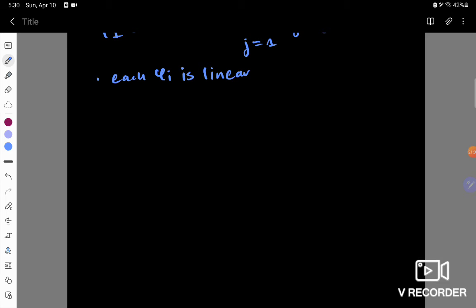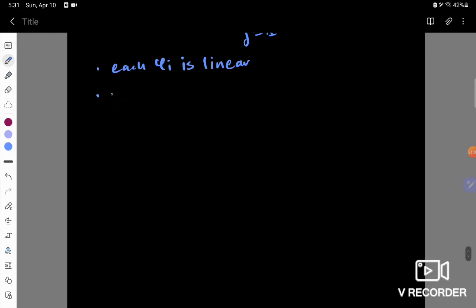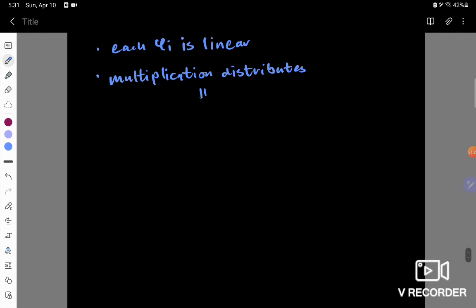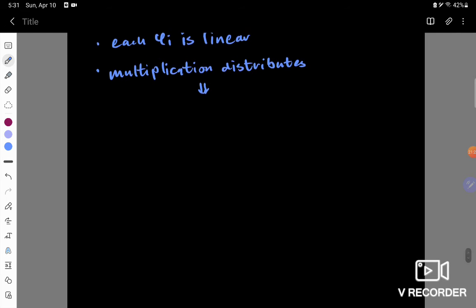So each phi I is linear, and that multiplication is distributive, right? Conclude that phi I, in fact, is multilinear.